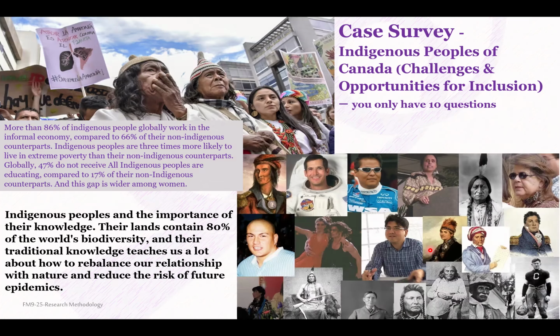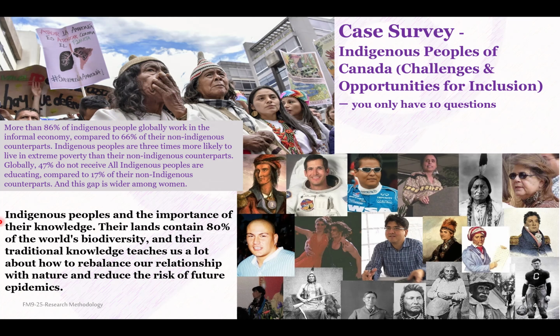For example, in the case of indigenous people, we are going to focus on the challenges using the research methodology and the opportunity for inclusion. This means that, for example, we are going to see what type of indigenous people we are talking about, what their percentage is, how many are non-indigenous, what they are doing, and what type of education or services they are getting.